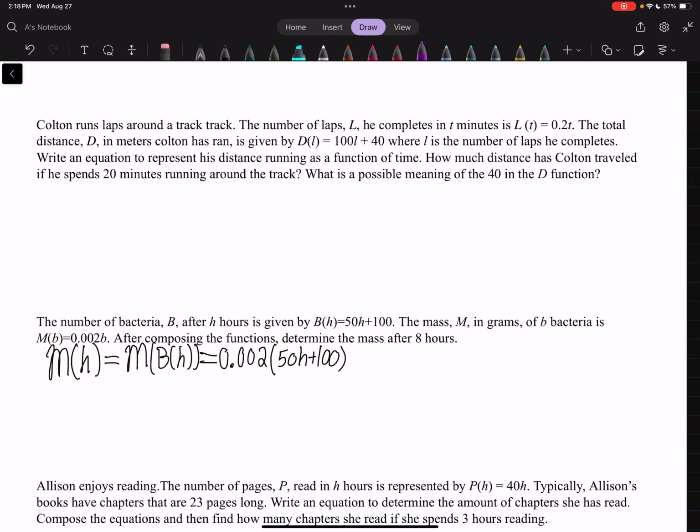Now, one thing I want you to note, it is imperative that I understand what the functions are doing. So here's my question. What is that plus 100? You can understand how it's gaining 50 bacteria in H hours, but that only works if I have an initial amount. This plus 100 is the initial amount of bacteria.